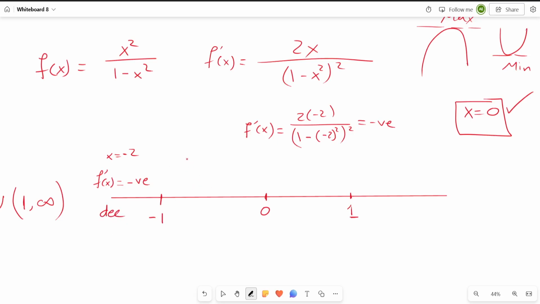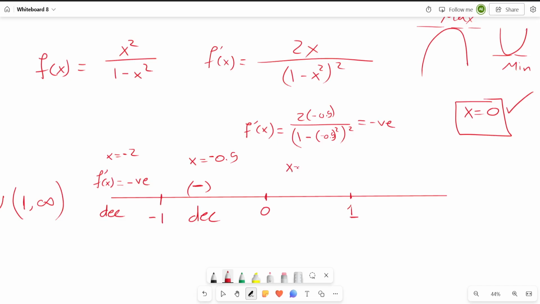Let's take a value over here in this interval. So let's say x equals -0.5. That is between -1 and 0. So again, I'm going to substitute x equals -0.5 instead of -2. Substituting that's also going to give me a negative answer. So this part, the function is decreasing as well.